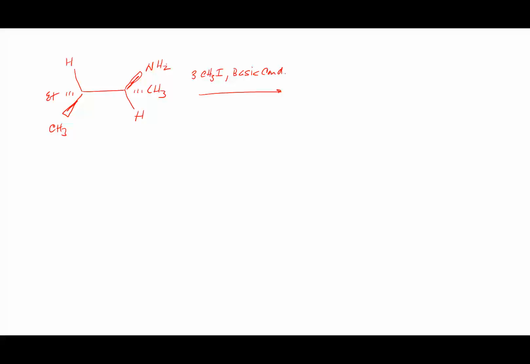Do you have to know those names? Not really, but you need to know which is going to be antiperiplanar and which one's going to be planar. So in this case, my final product is going to look like this. Once I do my alkylation, my nitrogen is going to have 3 CH3 groups with the positive charge.